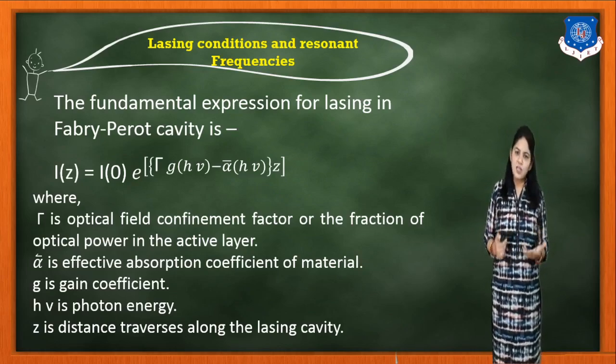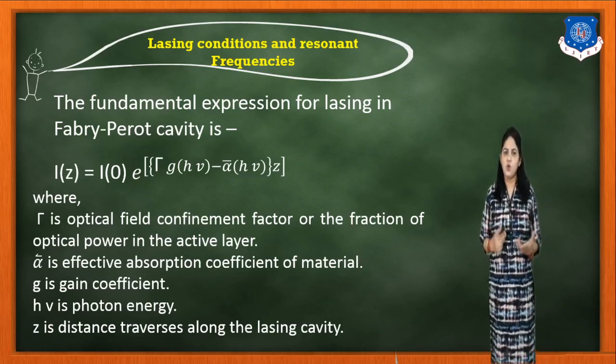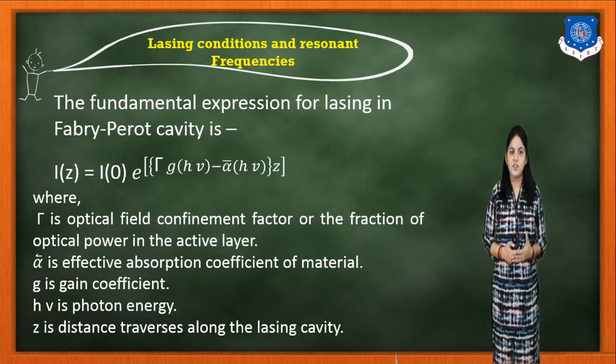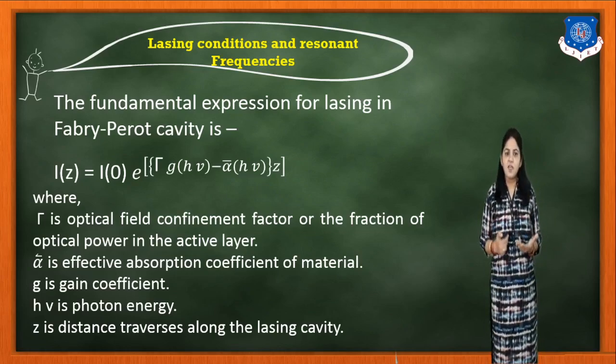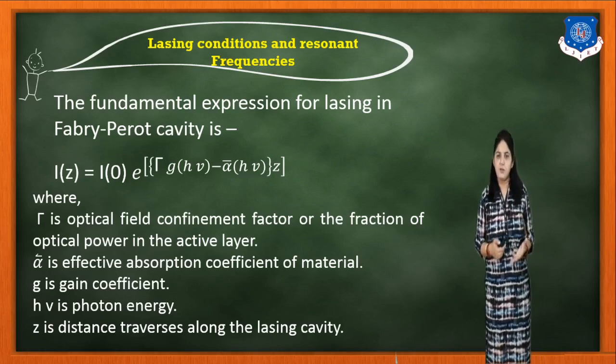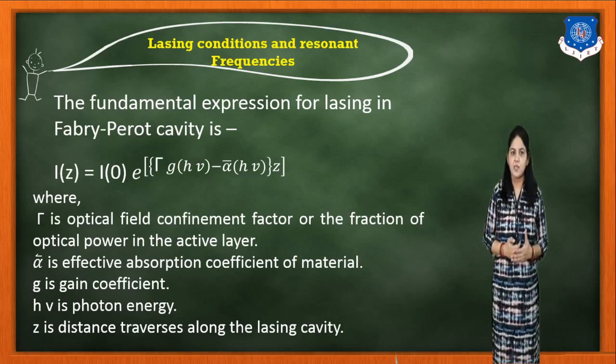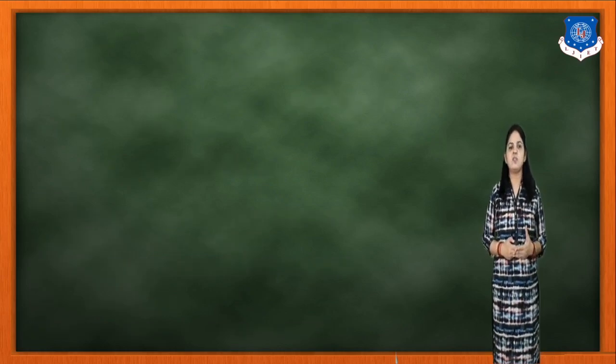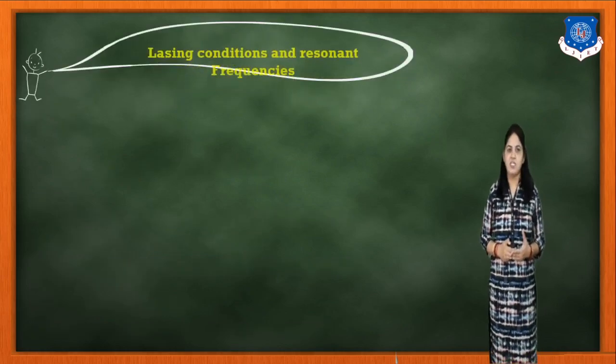Alpha-bar, or α, is the effective absorption coefficient of the material. G is the gain coefficient, hν is the photon energy, E = hν, and z is the distance traveled along the lasing cavity.